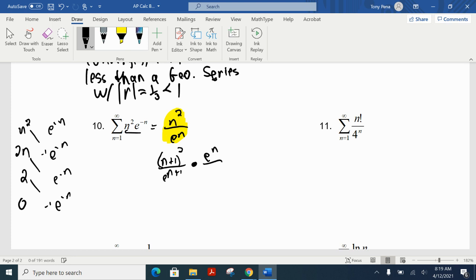So let's jump right to multiplying by the reciprocal. We then have (n+1) squared over e to the n times e to the 1, multiplied by e to the n over n squared. The e to the n's cancel, and we are left with (n+1) squared over n squared.